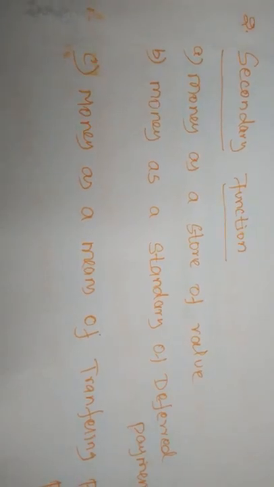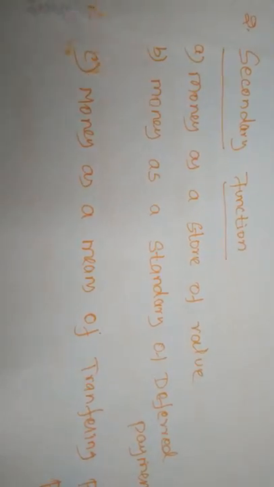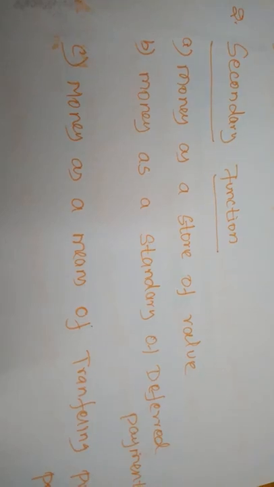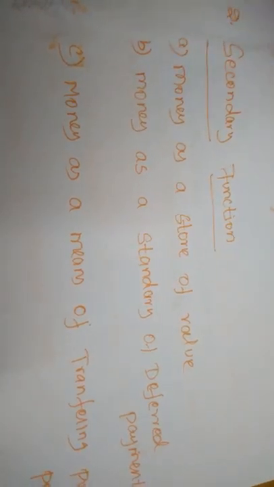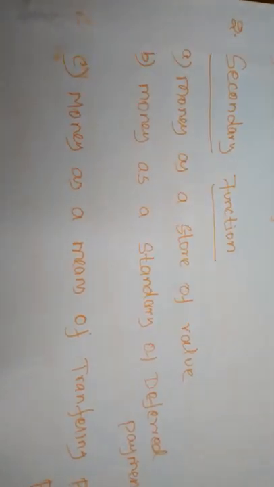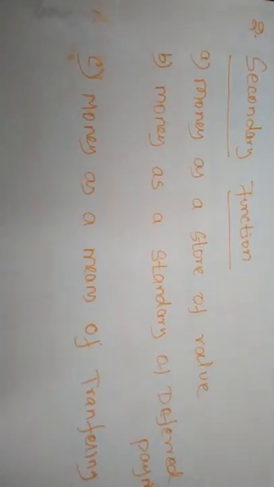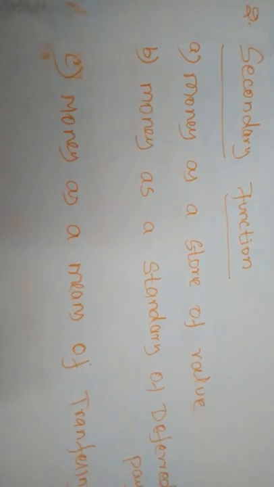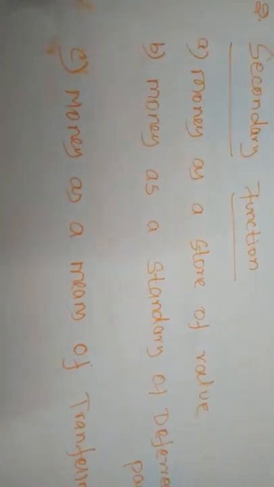Suppose you have many buildings, many cattle and many ornaments. You cannot store all these things as they are. You have 1 acre of land and you want to go abroad and store that value of the commodity. How is it possible without money? Without money, it is not possible.